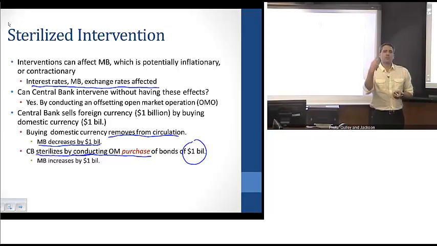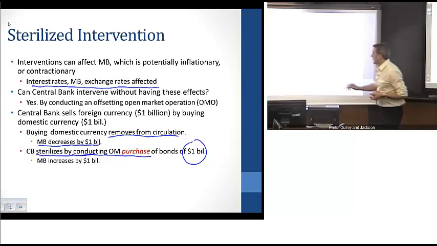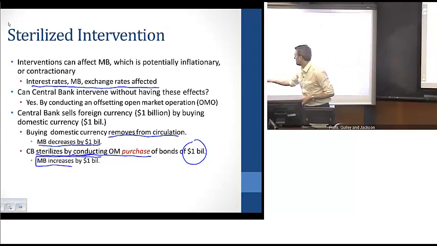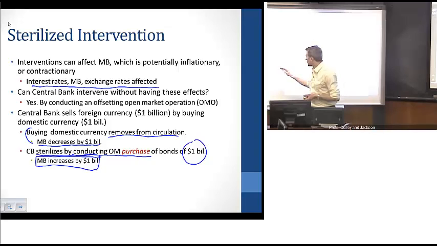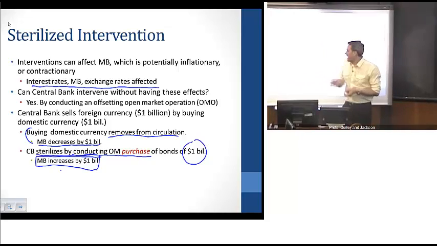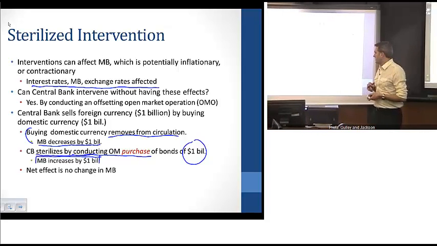Then it introduces more either currency or reserves into the system, and that in and of itself has the impact of increasing the monetary base by $1 billion. So the foreign exchange intervention reduces the base by $1 billion. The intervention with the sterilization offsets that by increasing the base by $1 billion. The net effect is that there's going to be no change in the monetary base.